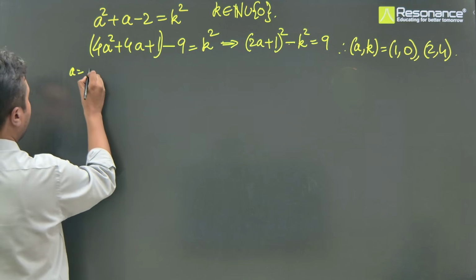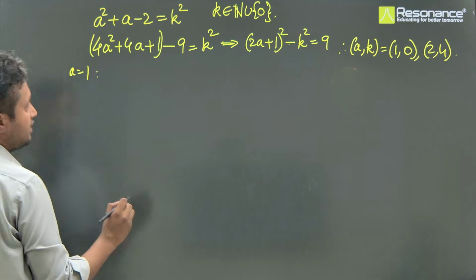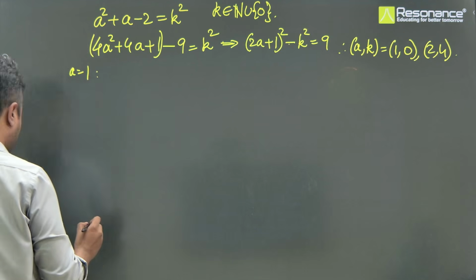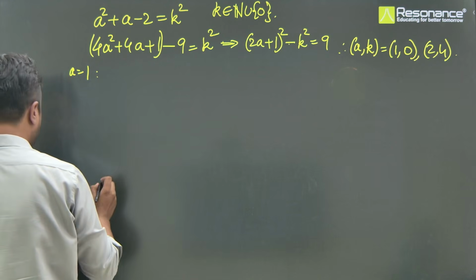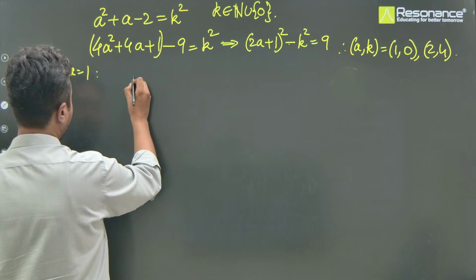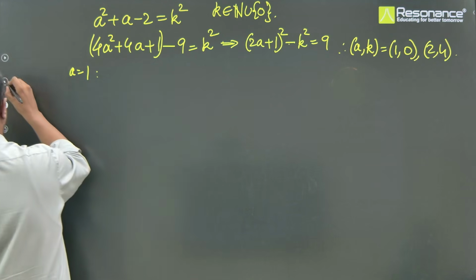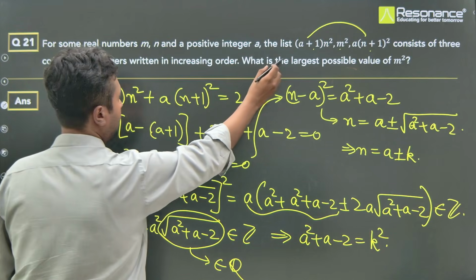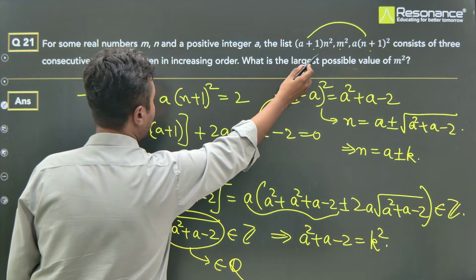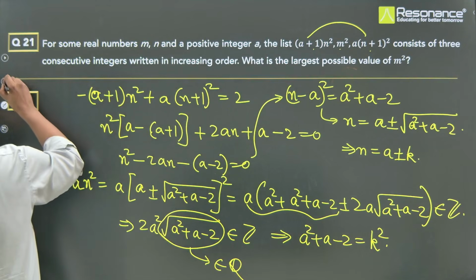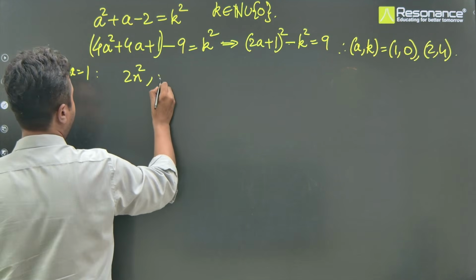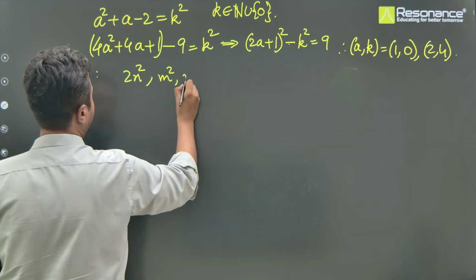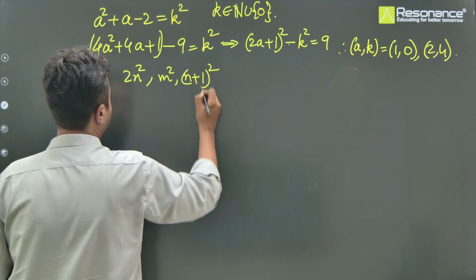So a equal to 1. Let's work that case first. A equal to 1 and a equal to 2, those are the only cases. So the numbers that we are looking at are, a equal to 1 over there, so 2n square, m square and n plus 1 whole square.